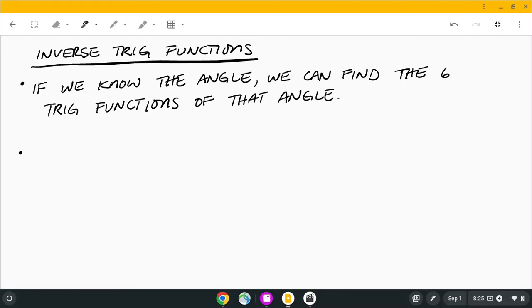Now, if it's the other way around, if we know the trig function, then we can find the angle.